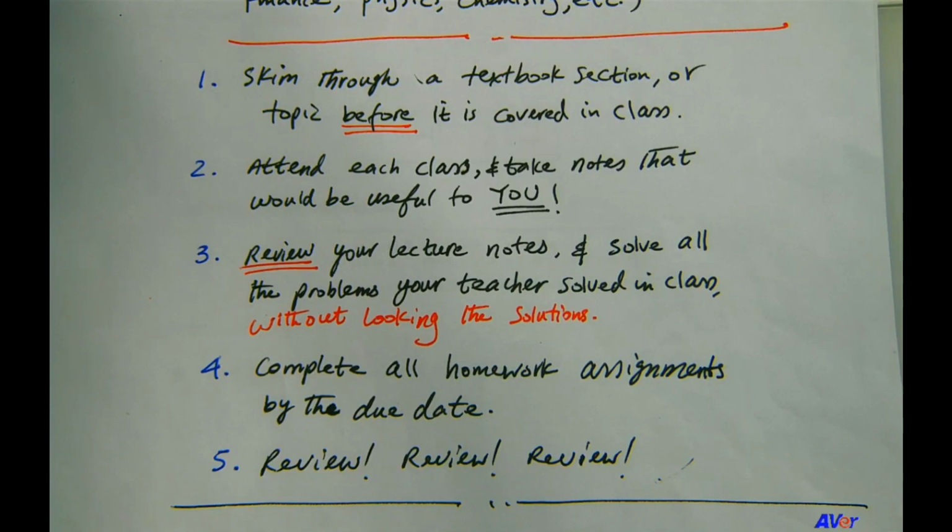a bunch of examples. So before that, I want to remind you to please take 30 minutes to 45 minutes to skim through section 3.5 from your textbook, then watch this video and attend the class.